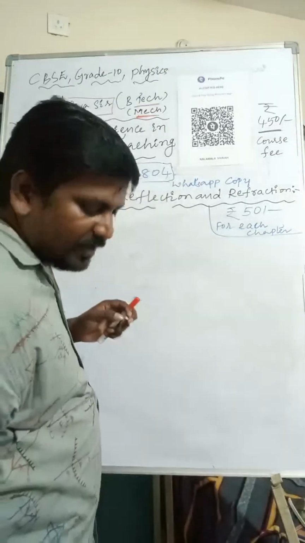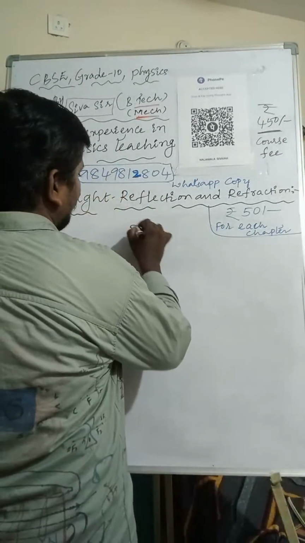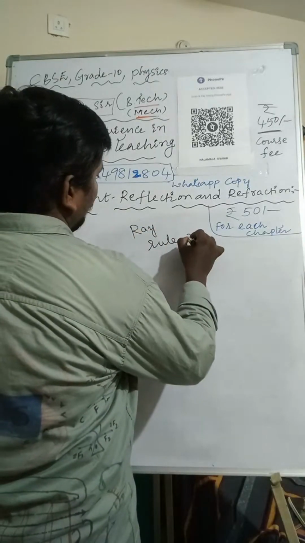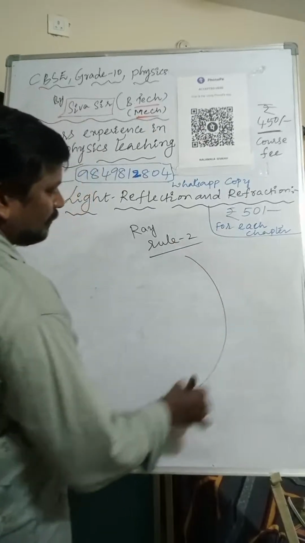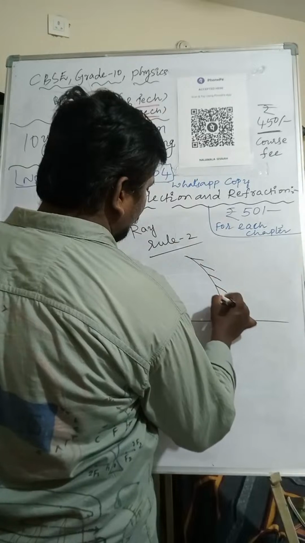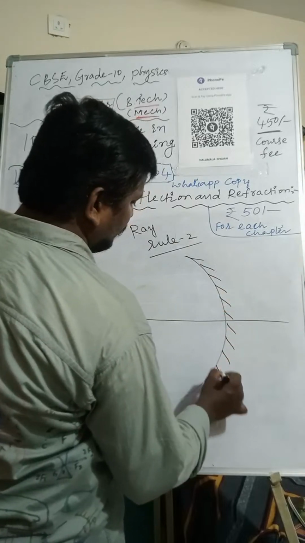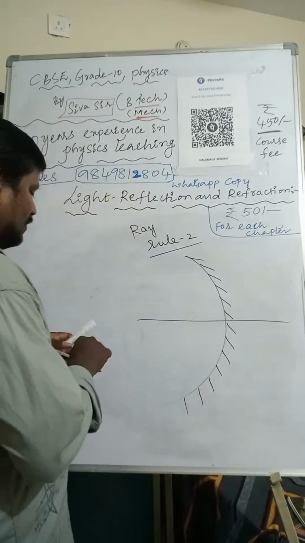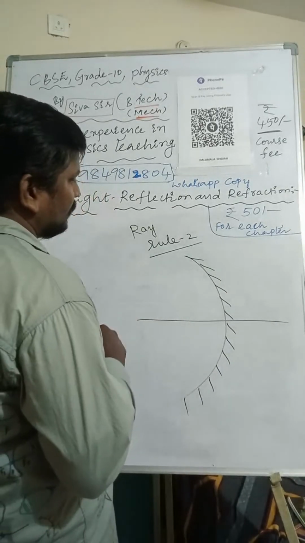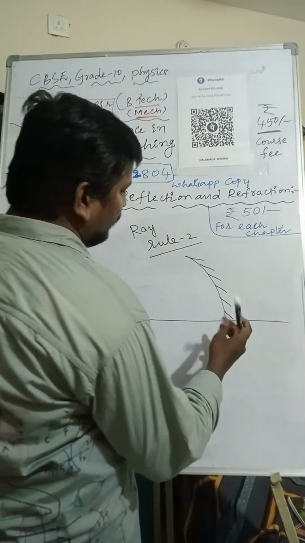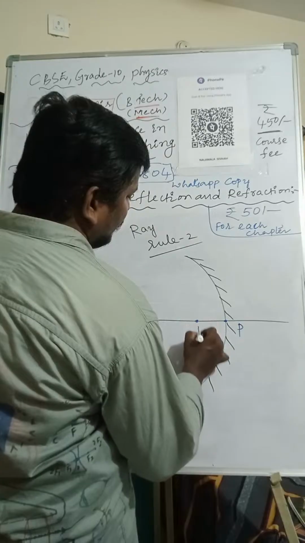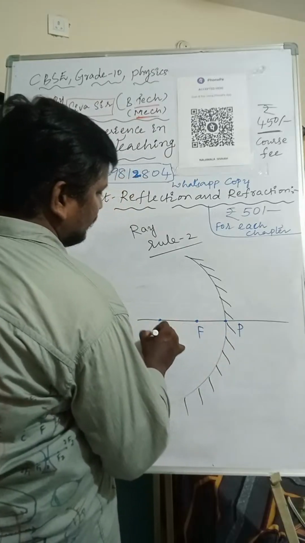Ray rule 2. So here you see, this is the pole.